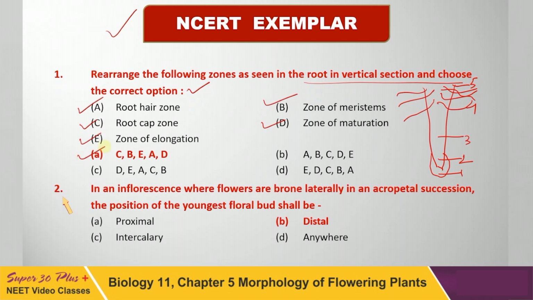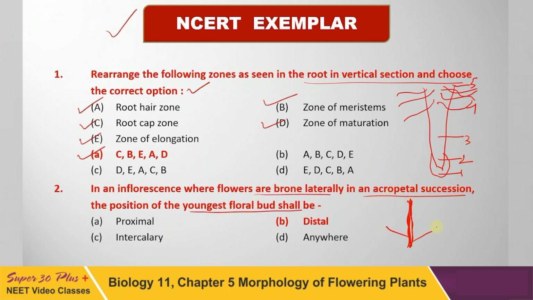The second question: in an inflorescence where flowers are borne laterally in acropetal succession, the position of the youngest floral bud shall be, what should that be? Youngest bud. This is the inflorescence axis. The question says the flowers are borne laterally like this.